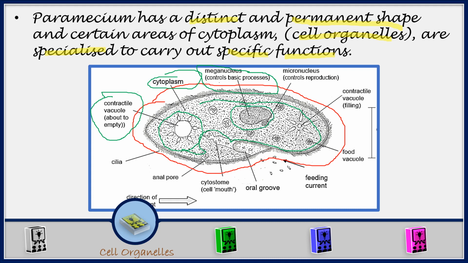It has also a micronucleus which mainly controls reproduction. It is very close to the meganucleus. It is there. That is the micronucleus. Then it has got a contractile vacuole.